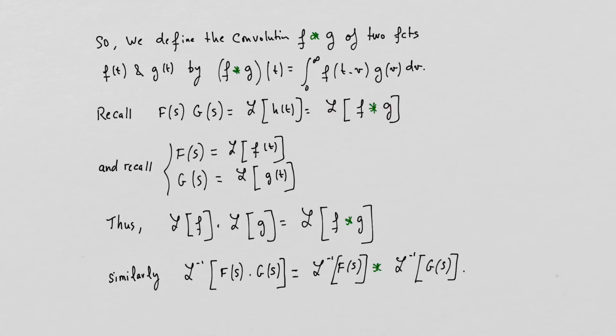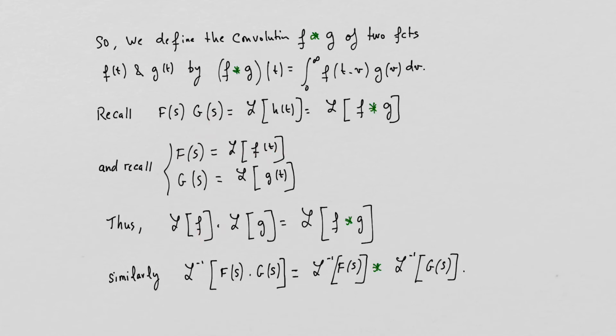Now, by definition, F of s is Laplace of little f, and G of s is Laplace of little g. So, Laplace of f star g, which is this, is F of s, G of s. But F of s is Laplace of f of t. I just called it f.